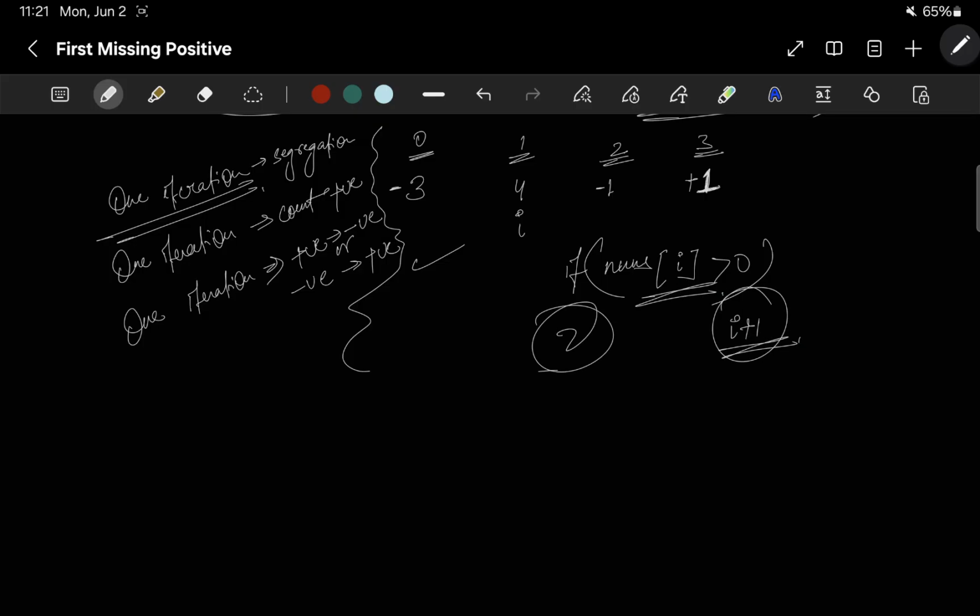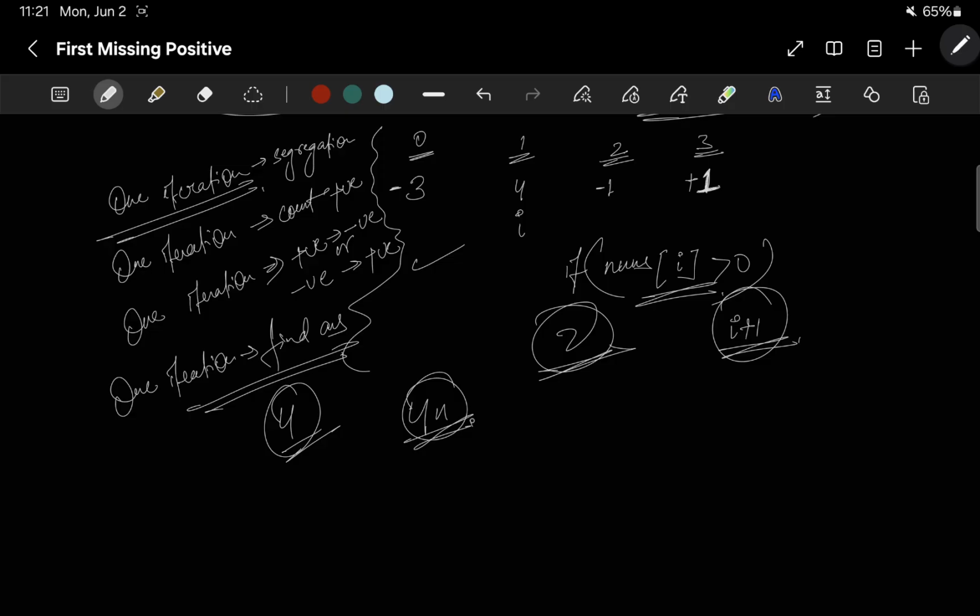So the answer will be 2. If you see, 2 is missing from here. So we did one more iteration to find our answer, right? So totally we did 4 iterations. So our total number of operations was 4n, so still it is order of n.